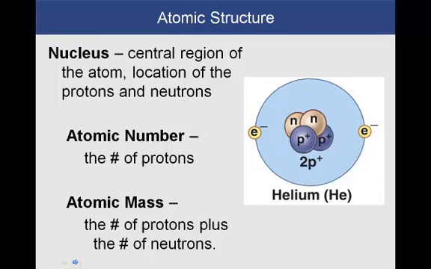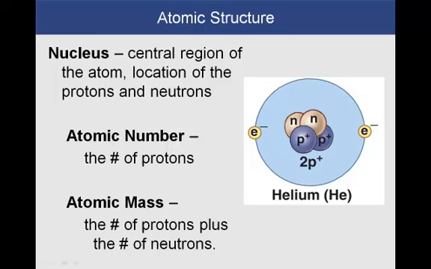We'll talk in a little while about elements, and elements are very unique structures in the chemical world, and each element has a specific atomic number. Over here on the right hand side you see helium, and helium has 2 protons in its nucleus, and its atomic number is 2, and no other element is going to have 2 protons in the nucleus. Only helium has 2 protons.